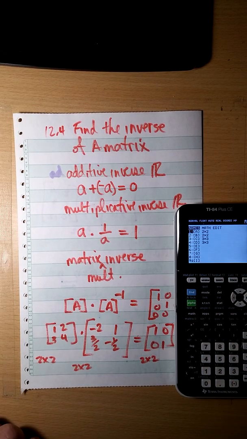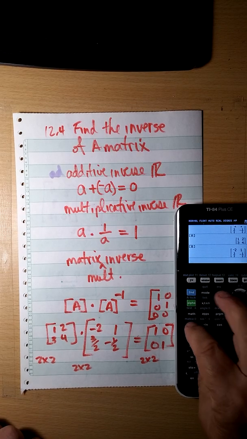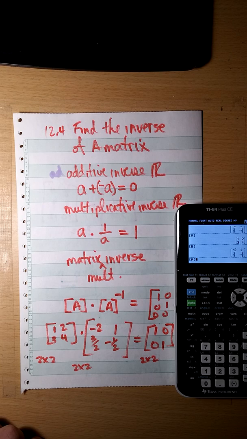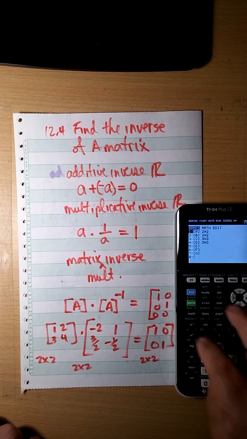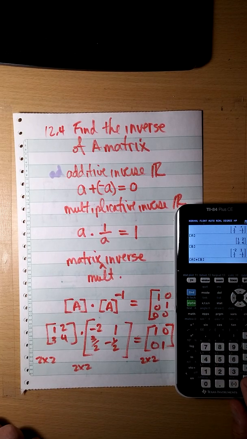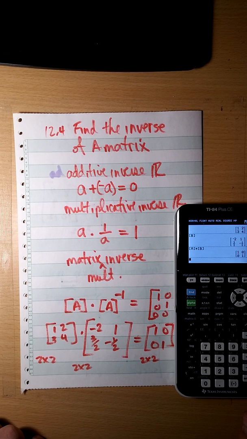Second matrix, B is the inverse, negative 2, 1, 3 halves, negative 1 half. And if we multiply those together, second matrix A times second matrix B, we should get 1, 0, 0, 1.